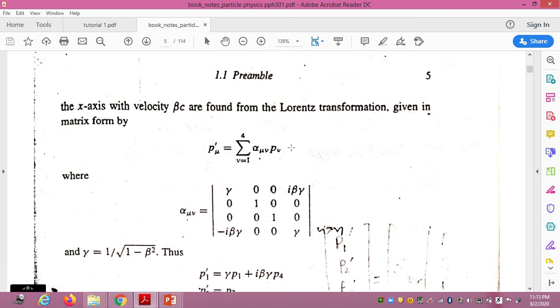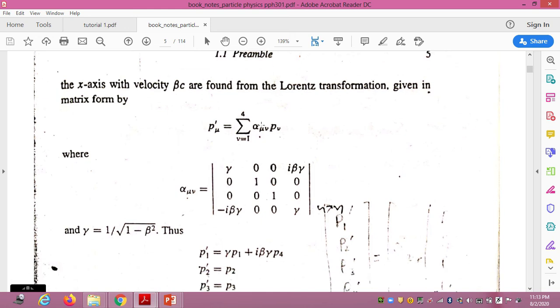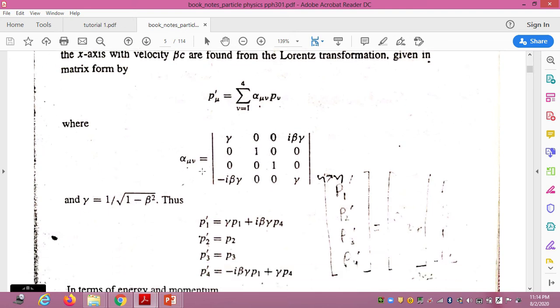So the transformation is defined like this, and here alpha mu nu is something like this. Now I have already told you in one lecture, when we were talking about the particle wave equation, that these gammas and betas are nothing but matrices. They are the 4 cross 4 matrices. So now this alpha mu nu is a transformation constant.